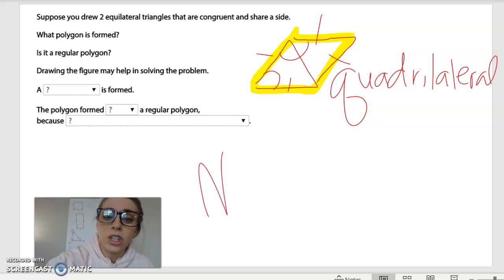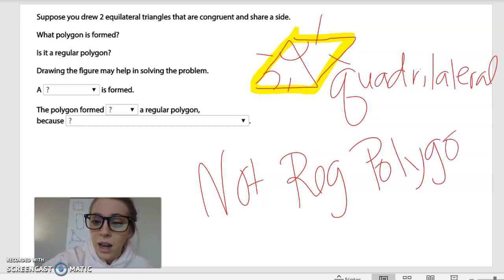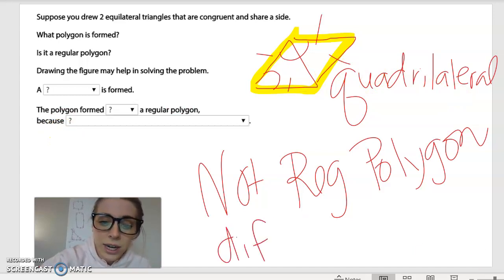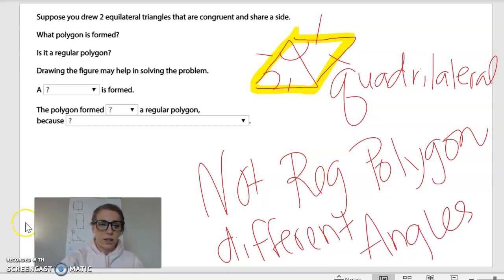So this is not a regular polygon. And the reasoning that they ask us, it says because, and the reasoning is because it has different angles. Hope that makes sense.